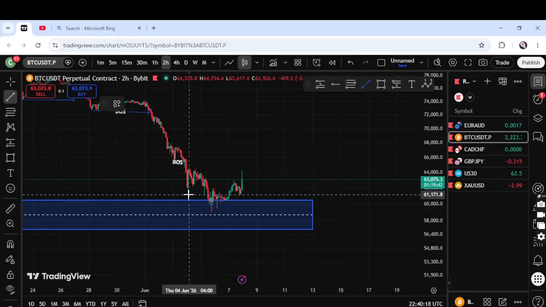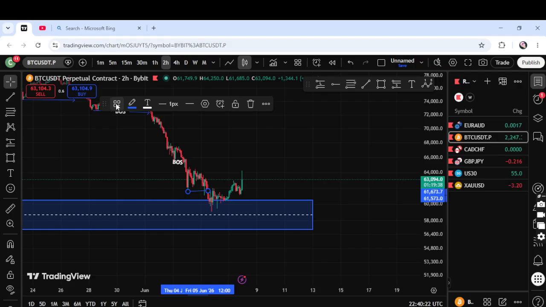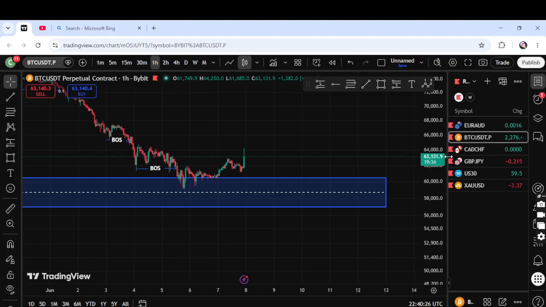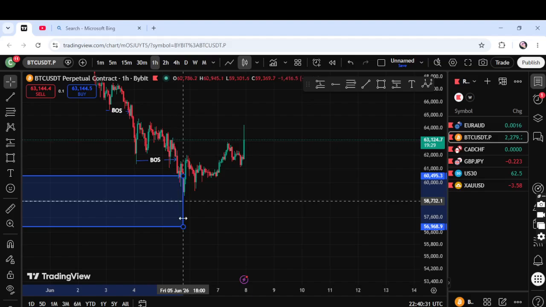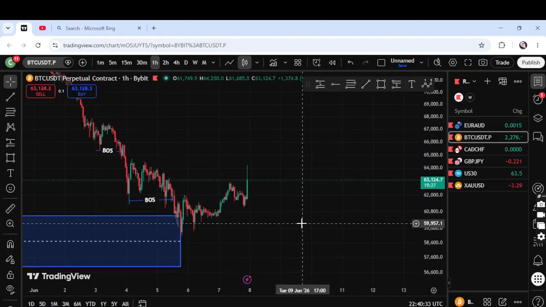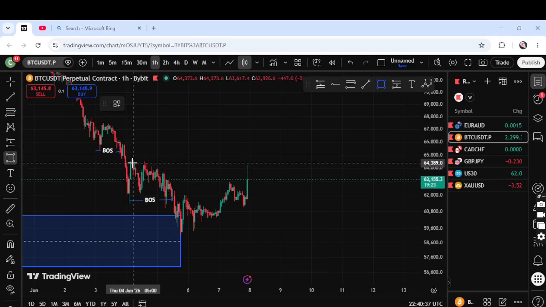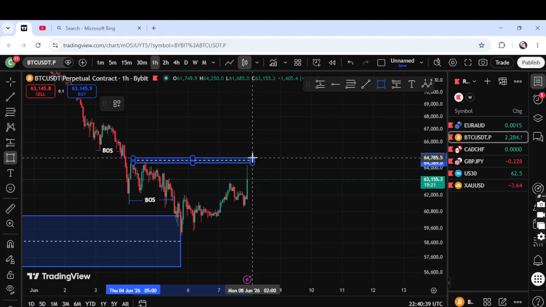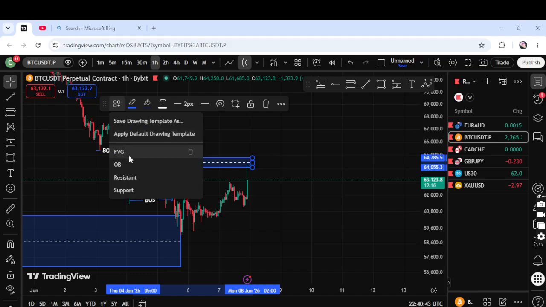Another break of structure this side. The last break of structure. So this looks like a support. So resistance.